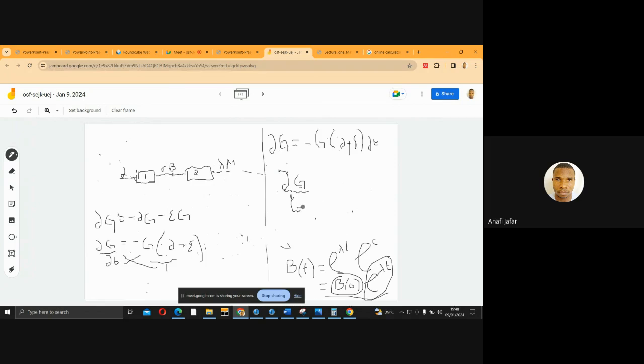This over g is equal to the change in delta plus epsilon all over the change in t.